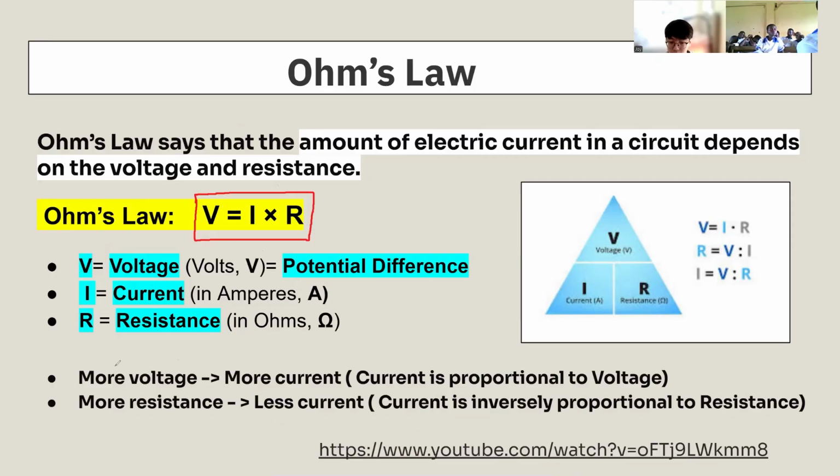So more voltage means there will be more current, because current is directly proportional to voltage. It makes sense, because if you push it harder, then there will be a faster and greater current, right? On the other hand, if there is more resistance, there will be less current.